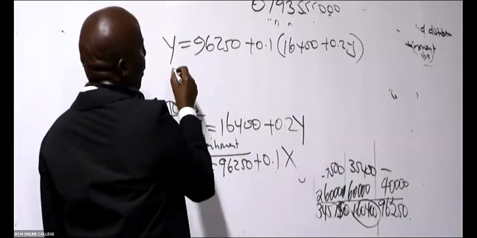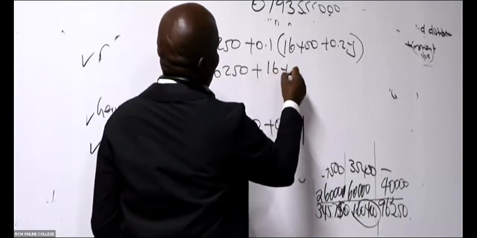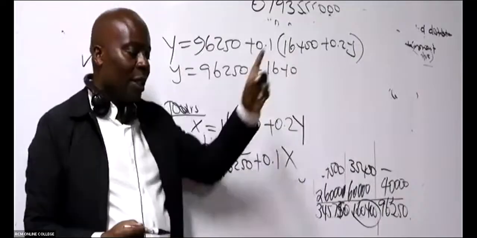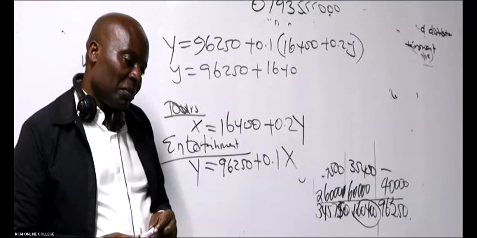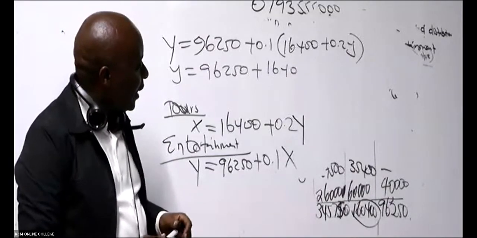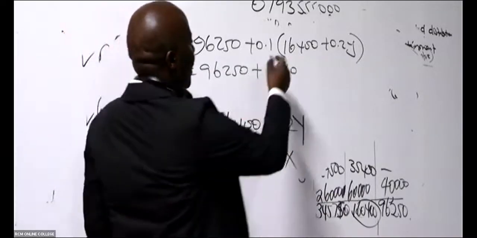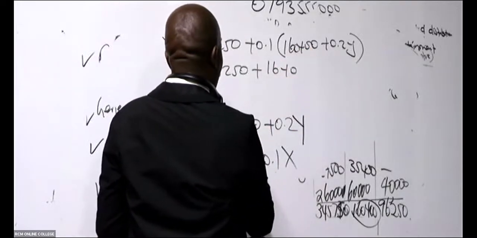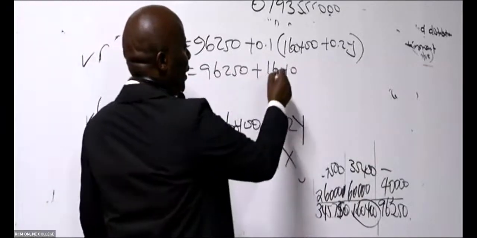So this will be Y equals 96,250 plus 0.1 times 160,400, which is 16,040.